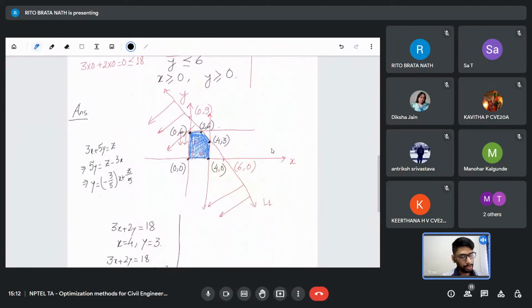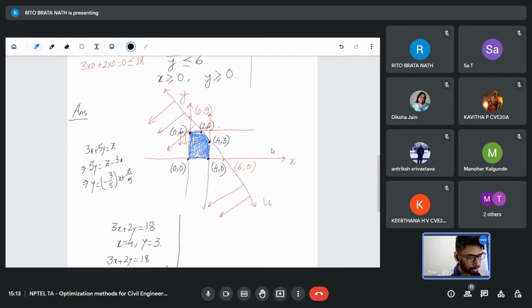So you can draw those parallel straight lines, and the straight line having a maximum intercept with one of the axes, like if you pick the y-axis and check it, that will indeed be the corner point where the maximum solution occurs. So for this straight line, I think something like this probably will happen.